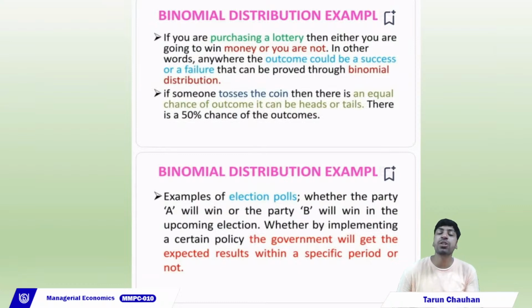In election polls, we predict which party could win, whether A, B, C or D. Before that, the binomial distribution approach will be adopted, and accordingly the predicted results will be shown among the public. That's one good example of binomial distribution.